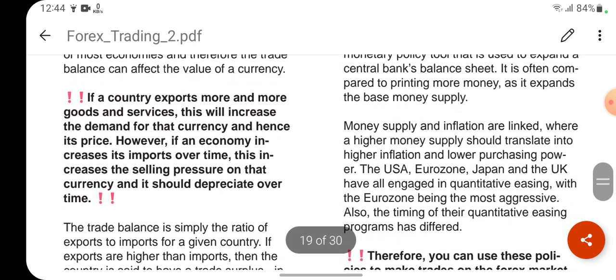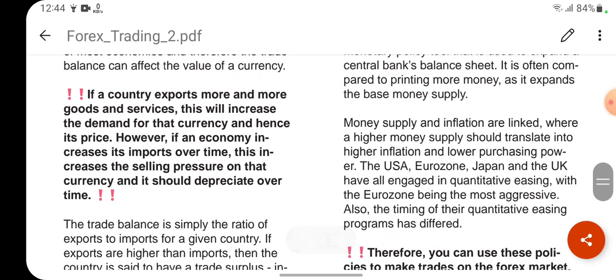If a country exports more and more goods and services, this will increase the demand for that currency and hence its price. However, if an economy increases its imports over time, this increases the selling pressure on that currency and it should depreciate over time.